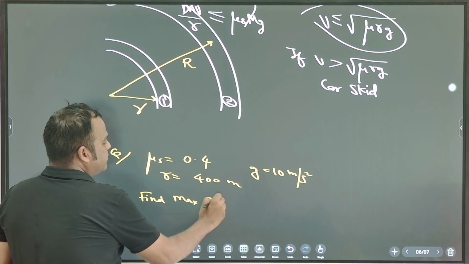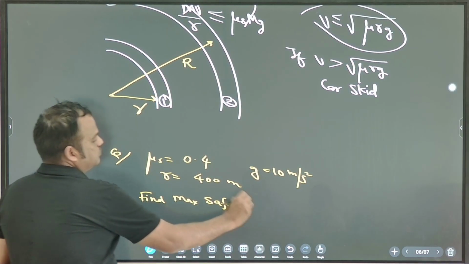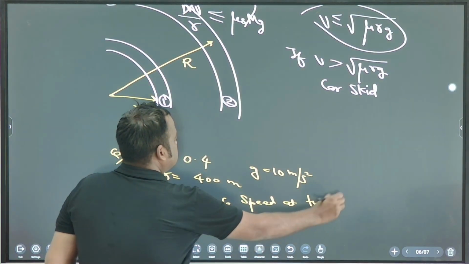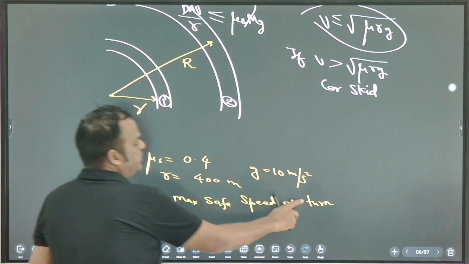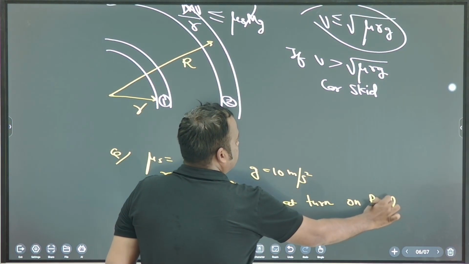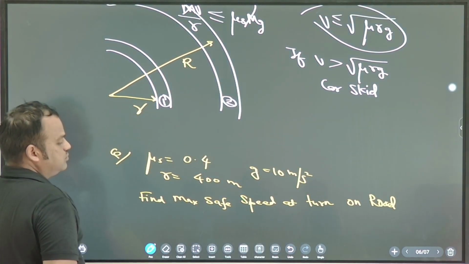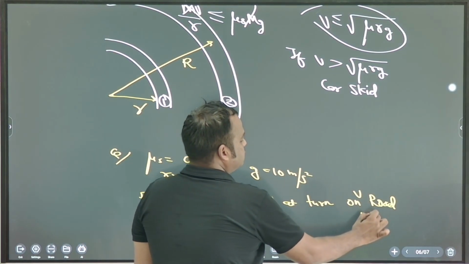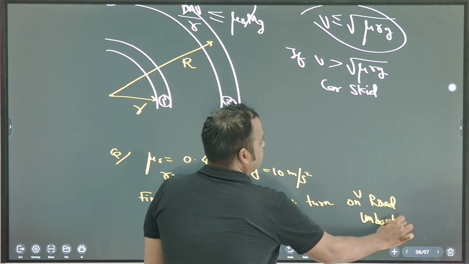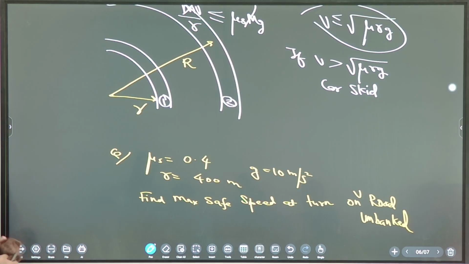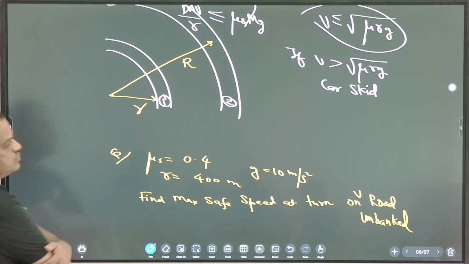Find the maximum safe speed at the turn on the road. You are taking a turn on a level road, unbanked road. Note down. Level road.